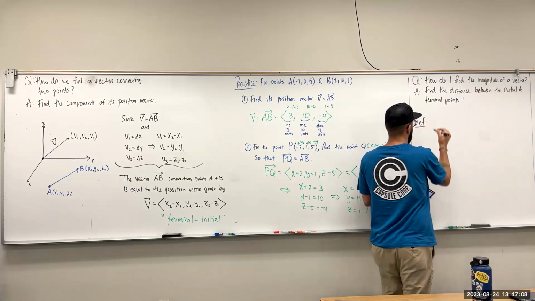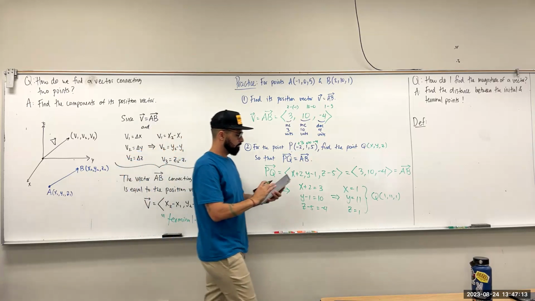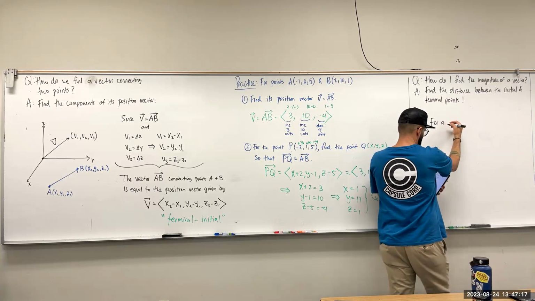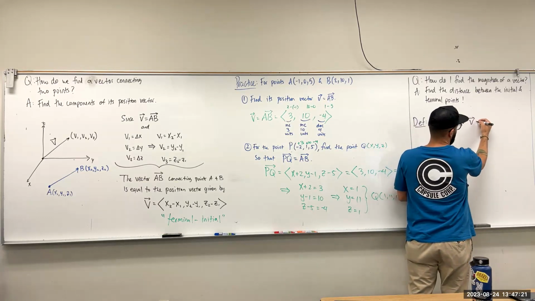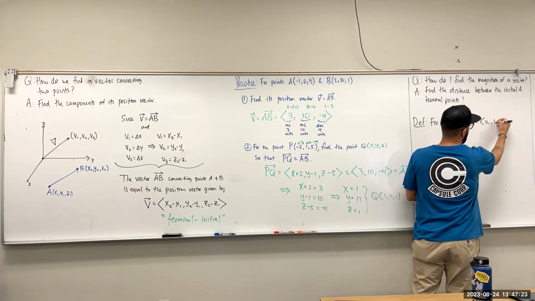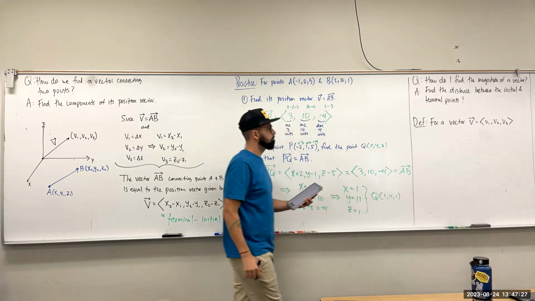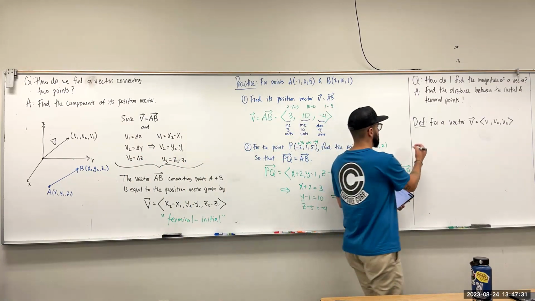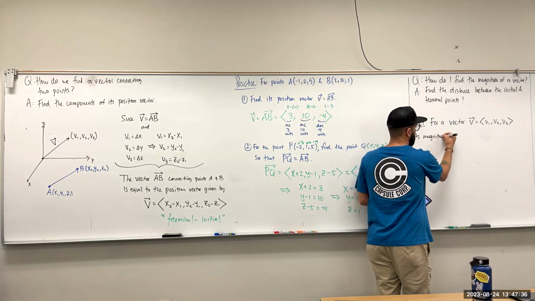Let's give a definition for that. We're going to say for a vector V that has components V1, V2, and V3, its magnitude now is going to have a notation.